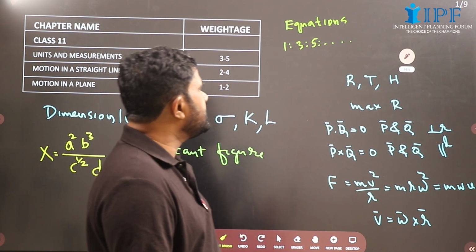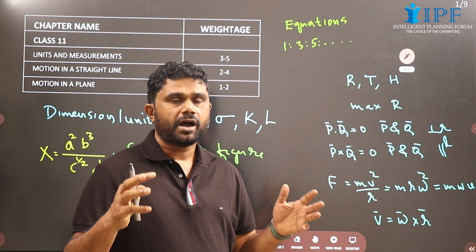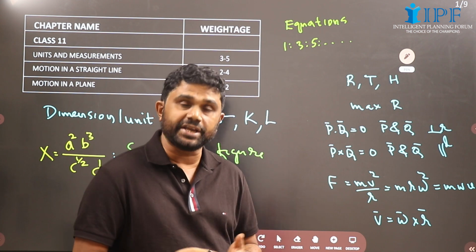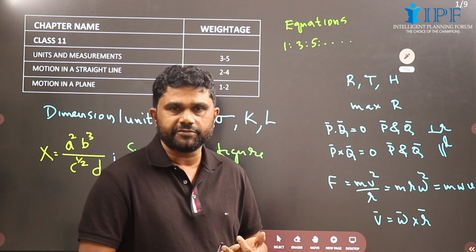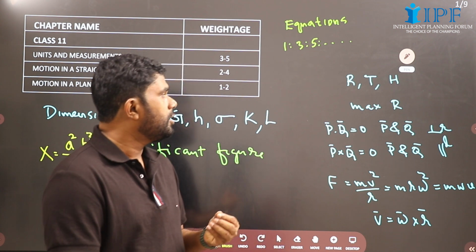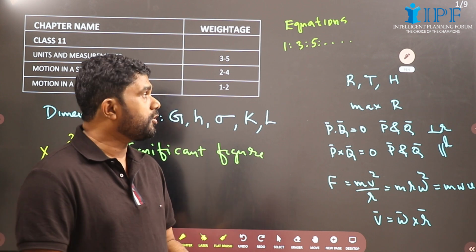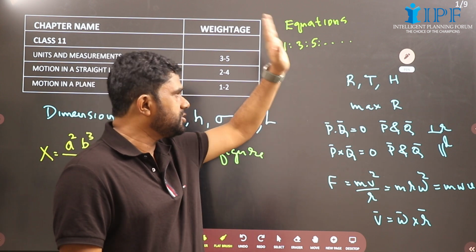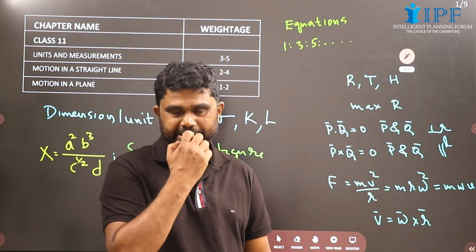Now in projectiles, the most commonly asked question is to find the range, where the initial velocity and the angle of projection will be given. You will have to find the range, or the time of flight, or the greatest height. You should know the formula for the horizontal range, the time of flight, and the greatest height.